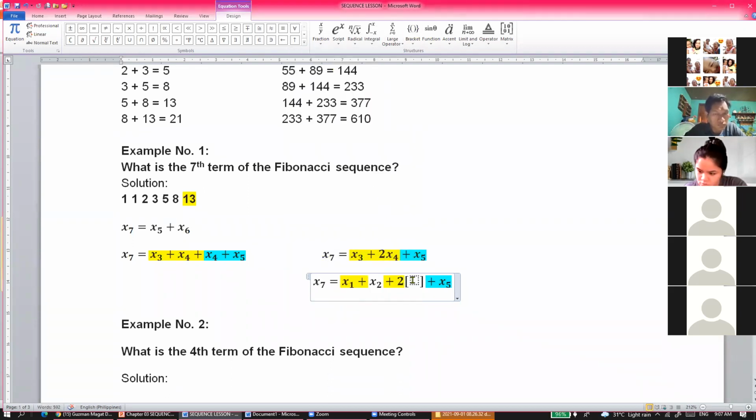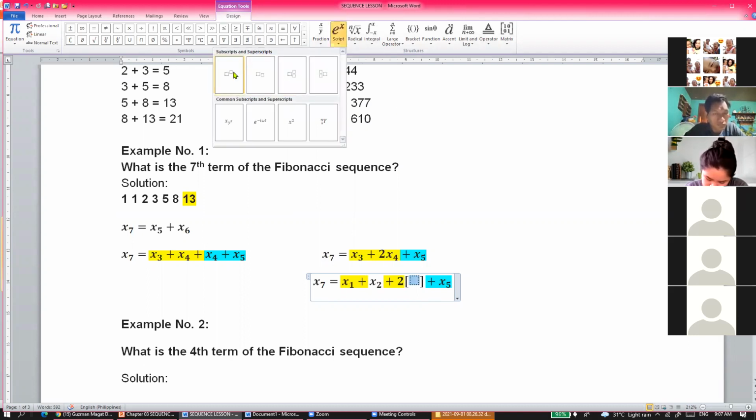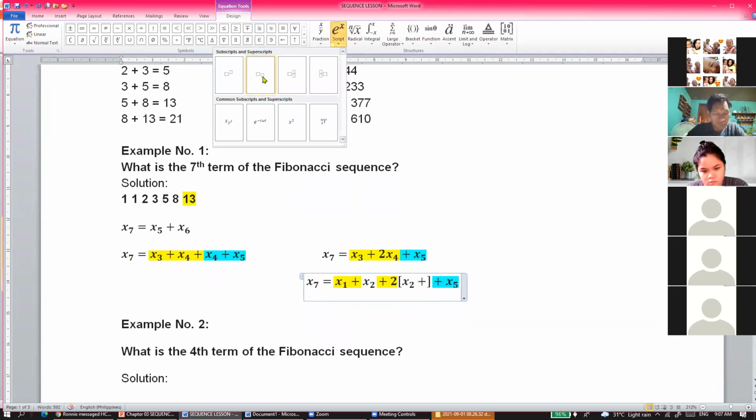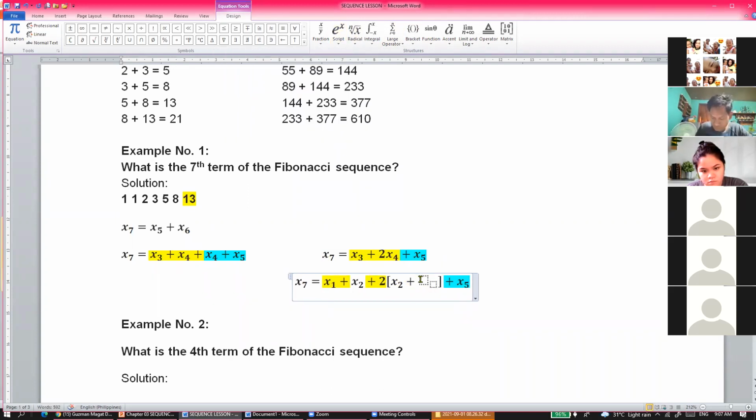Kasi nga, ang x sub 4 is x sub 2 plus x sub 3. So, I'll type x sub 2 plus x sub 3. Kasi yan ang value ng x sub 4. And then, sa x sub 5, ganun din. Ang x sub 5 is x sub 3 plus x sub 4.